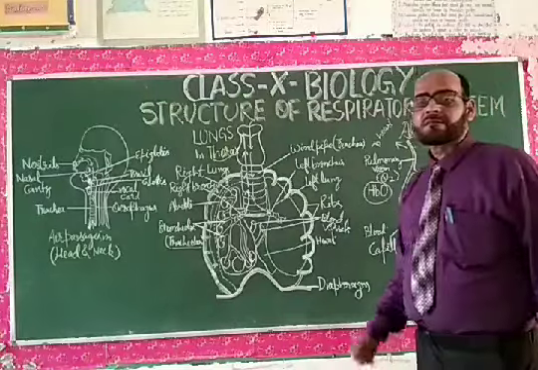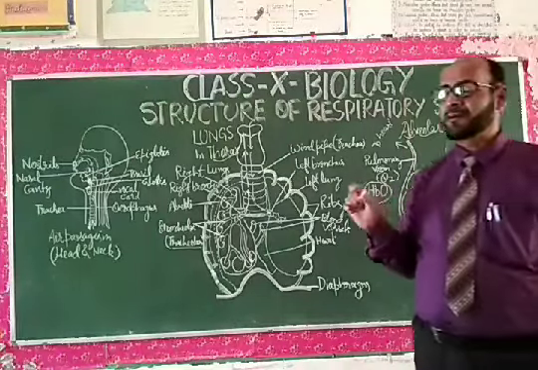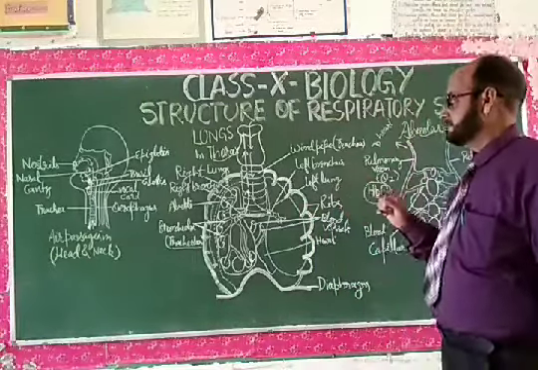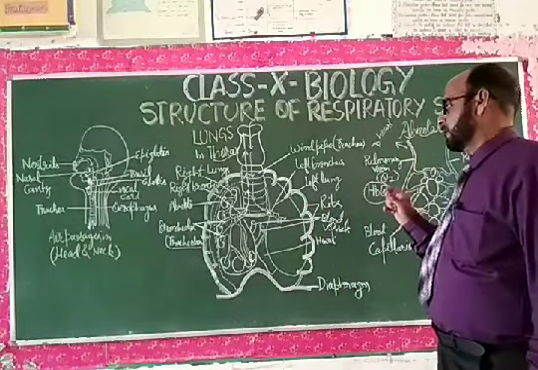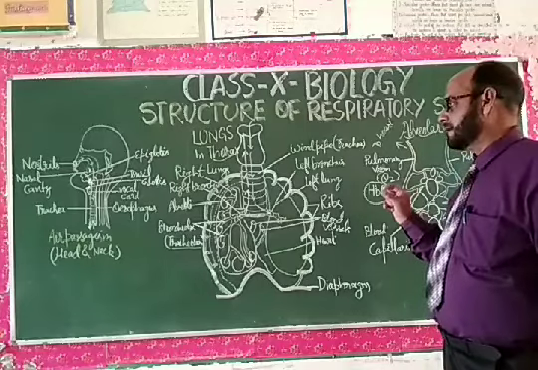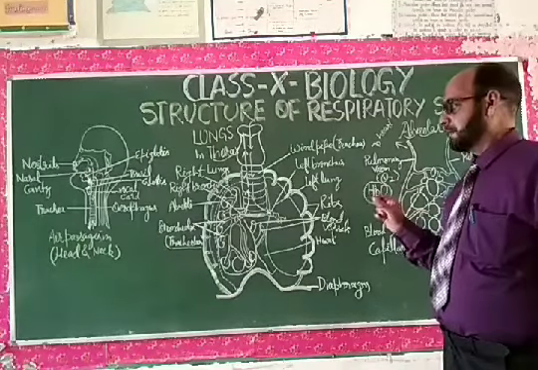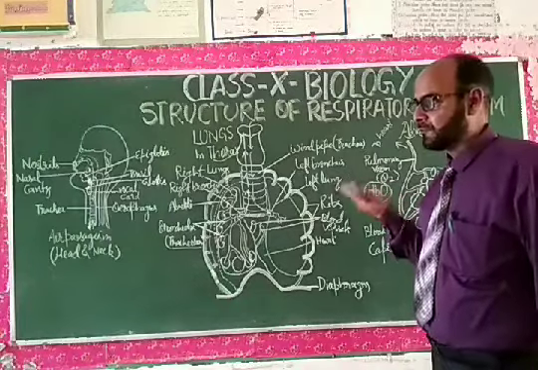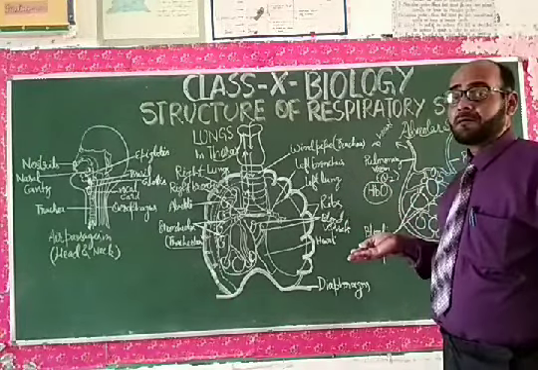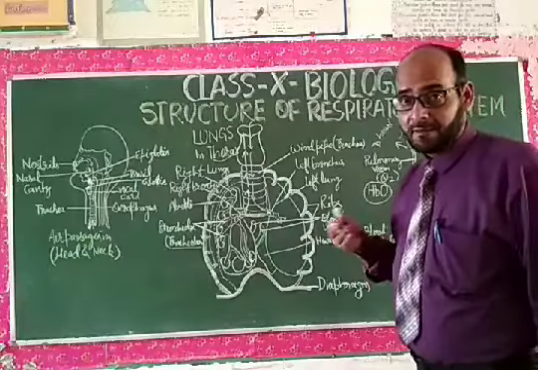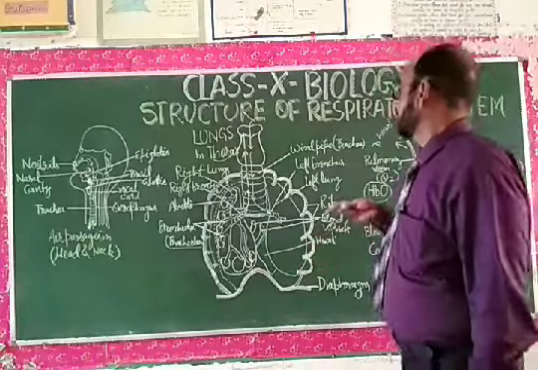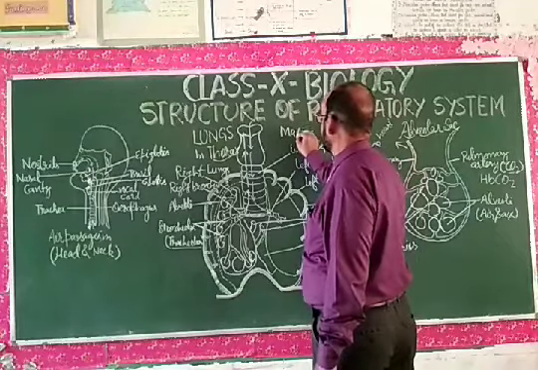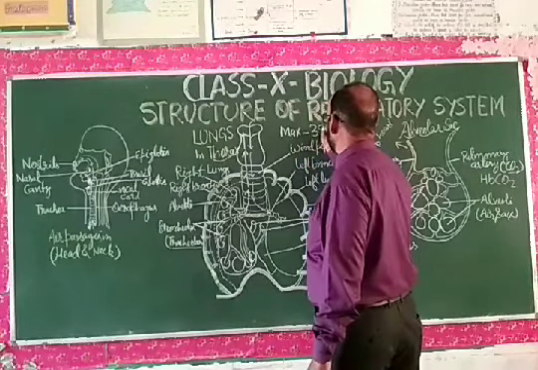My dear students, this process of respiration is very important as far as the liberation of energy is concerned. That is because the liberation of energy requires oxygen, and oxygen is coming from the respiratory system into the body to oxidize the carbohydrate in the cell to get the maximum energy which is 38 ATP.